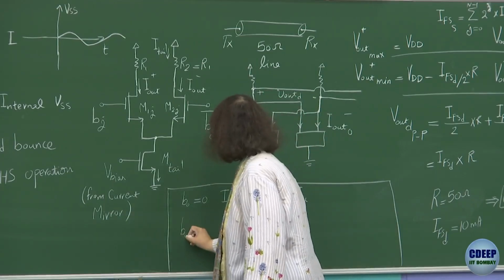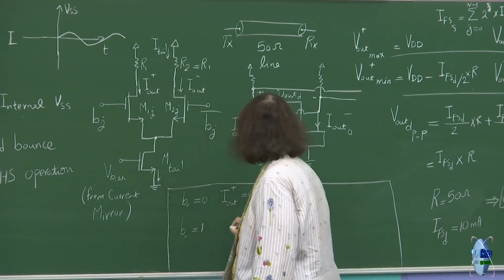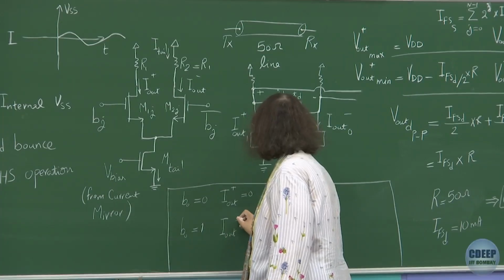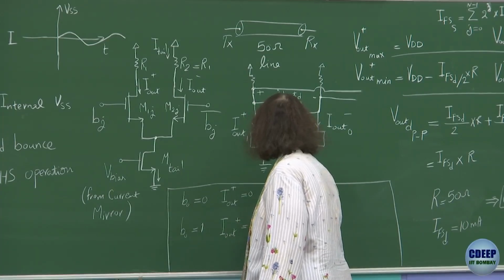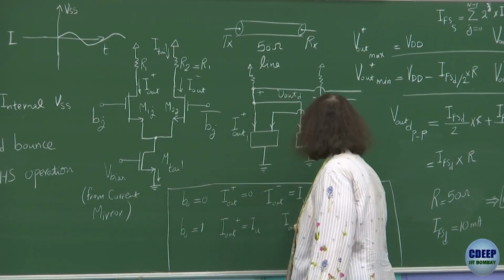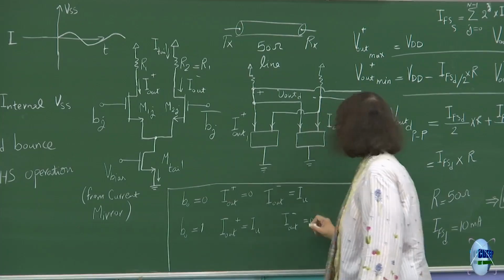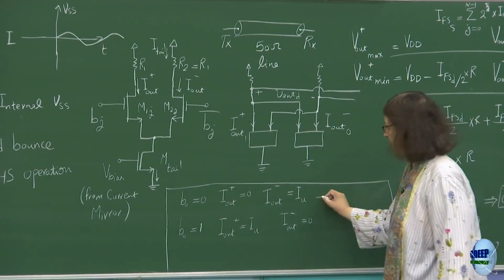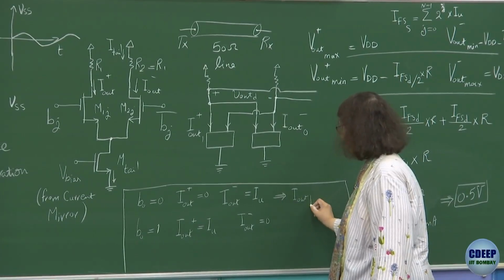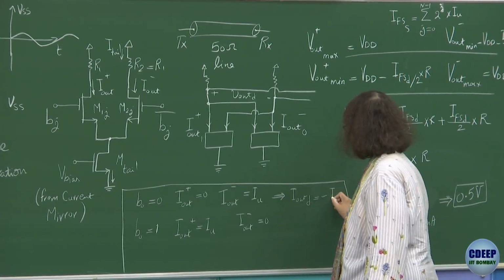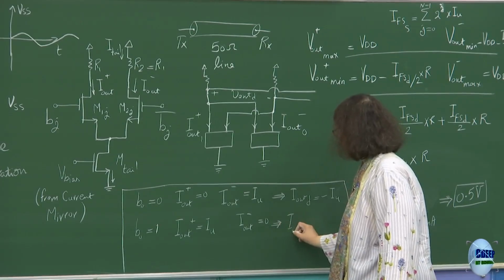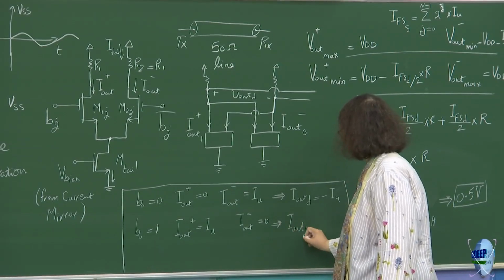And B0 equal to 1. So I out plus is equal to IU and I out minus is equal to 0, right? Now here I out D is minus IU and here I out D is plus IU.